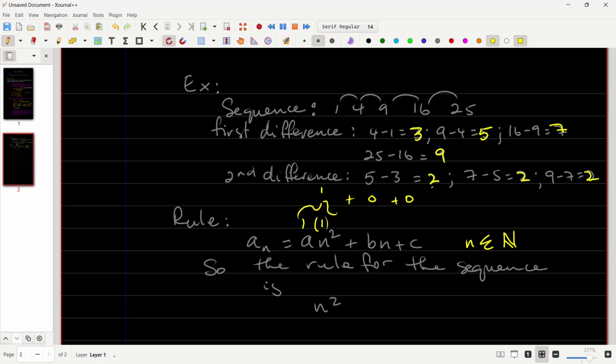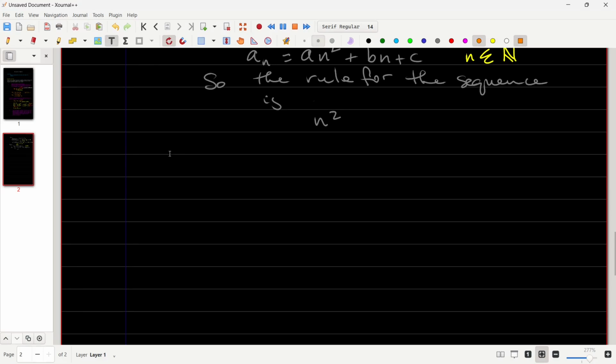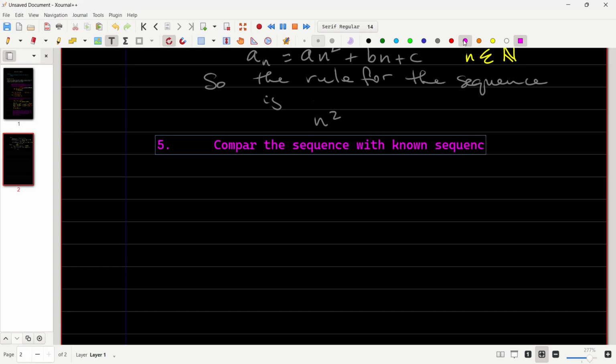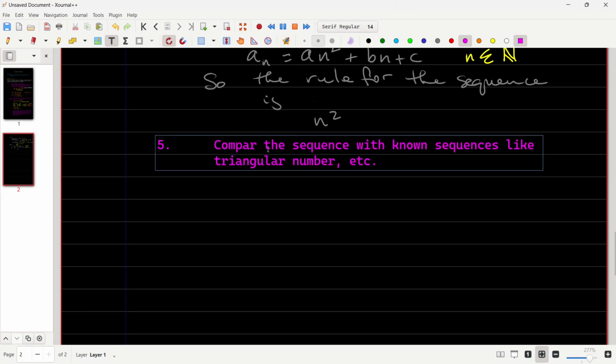All right, the last one that we're going to have to do, number 5, is to compare the sequence with known sequences, like triangular numbers, etc. So these are the uncommon rules, like your pentagonal numbers, your quaternary numbers, your triangular numbers, things such as that.